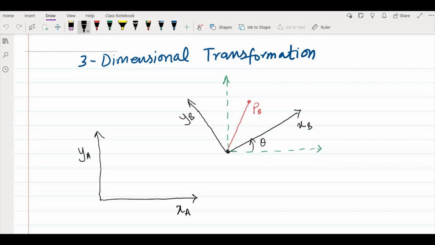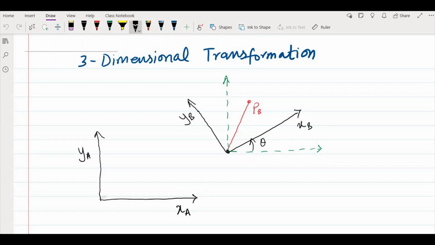That's why we do it. This can be useful in finding the kinematics or even the inverse kinematics. So we are interested in finding the position of this point in frame A.